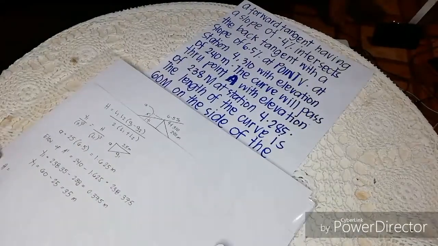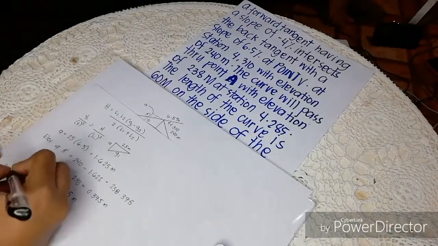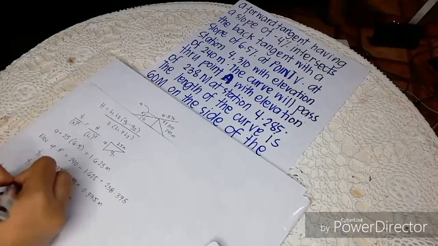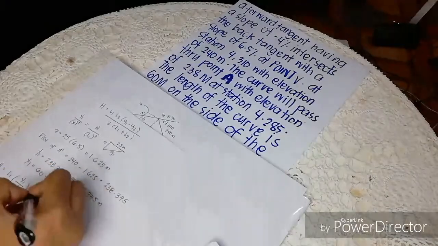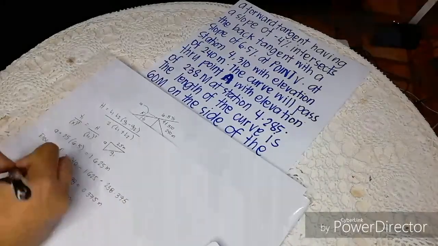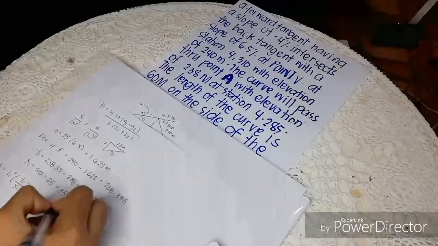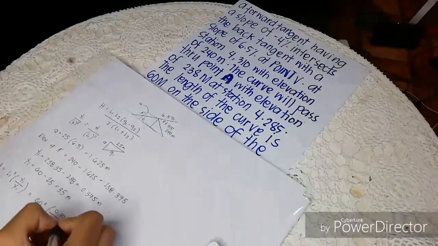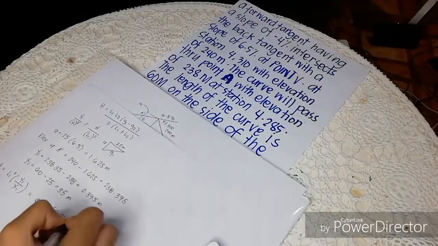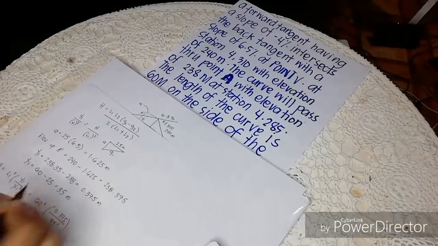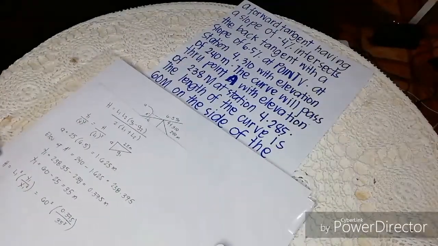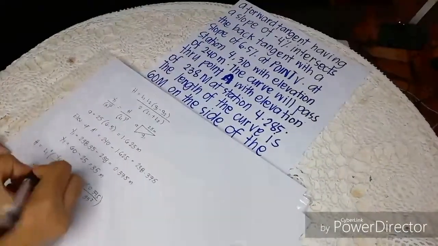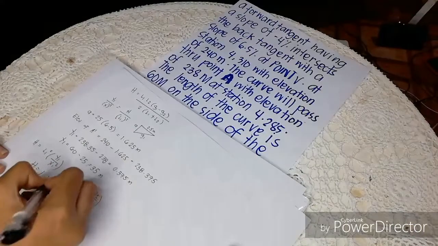So, pwede na natin makuha yung H with the formula of L1 squared times Y1 over X1 squared, equals to 60 squared times 0.375 over 35 squared. Ang H natin is equals to 1.102 meters.